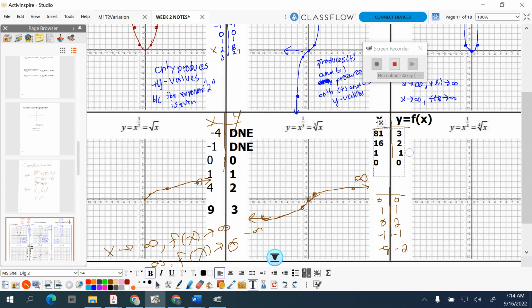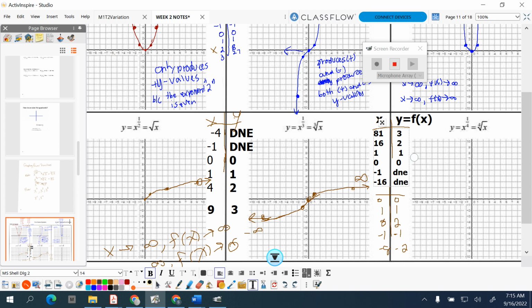Fourth root of 0 is 0. Let's do -1. Fourth root of -1 does not exist. Fourth root of -16 does not exist. So we actually don't graph on the left-hand side of the y-axis. So it's only over here. So let's get to graphing. I'm going to create some points here.